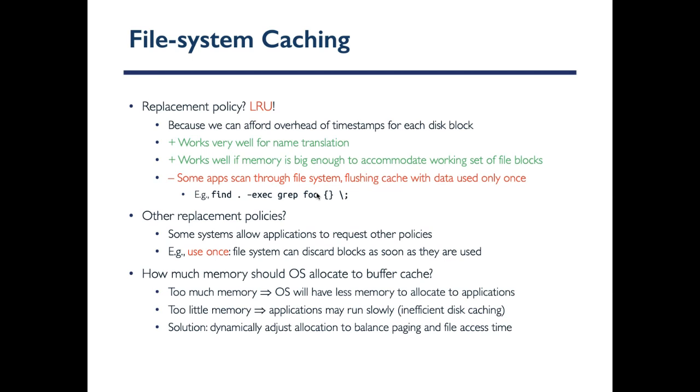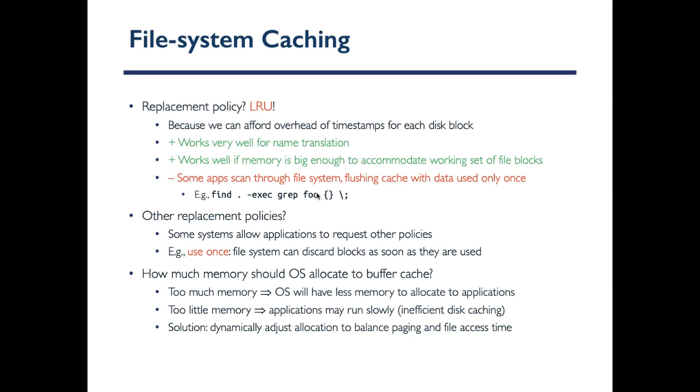Now the other question that you have to answer is how much memory you should dedicate to your buffer cache. If you dedicate too much memory, then you're basically cutting from processes' memory allocation.